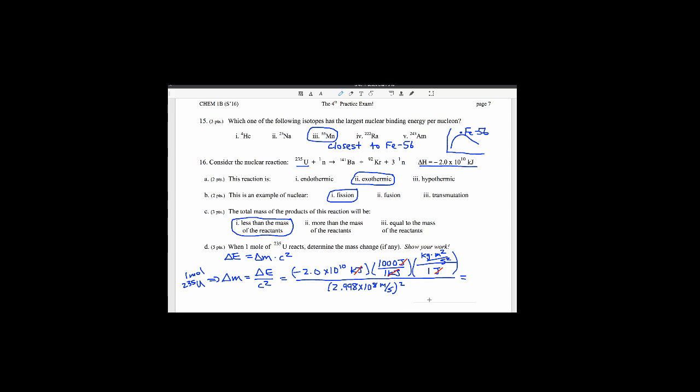And when we do the calculation, the value we get is negative 2.2 times 10 to the minus 4th. The units, meters squared over seconds squared, cancel with meters over seconds squared here. And so that leaves us with units of kilograms. And that is the amount of mass change. It's a mass quote-unquote lost.